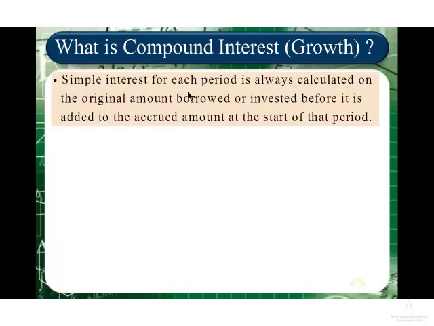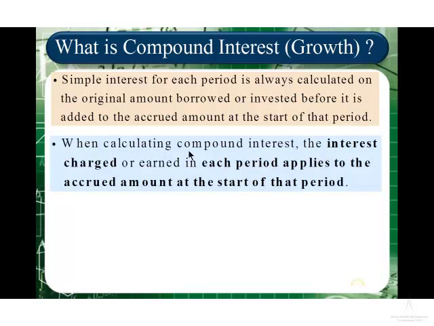Simple interest for each period is always calculated on the original amount borrowed or invested before it is added to the accrued amount at the start of that period. When calculating compound interest, the interest charged or earned in each interest period applies to the accrued amount at the start of that period.